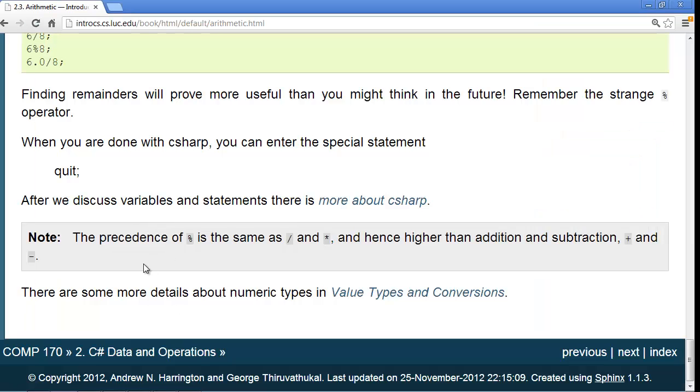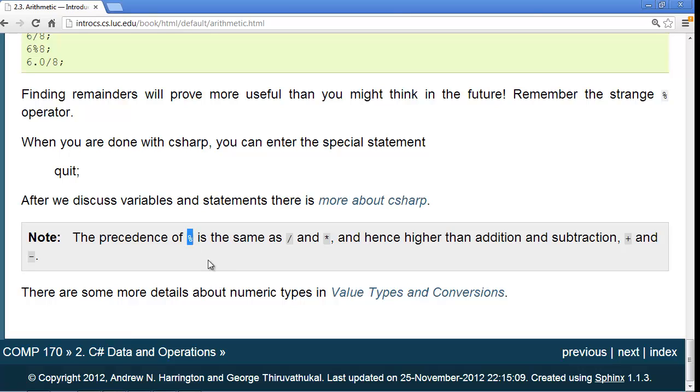We haven't given everything there is to say about numerical types here. You can look later in this chapter for more information under value types and conversion. We'll also talk more about C# later. Here's a link to the later section. We mentioned that the operators follow the precedence of math, but of course this percent one is a new one.